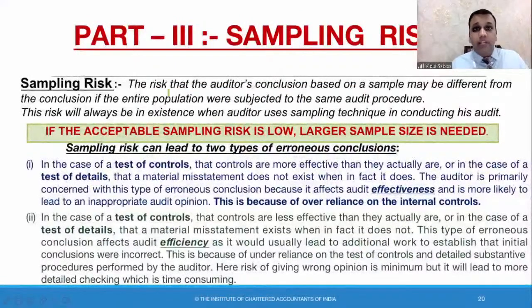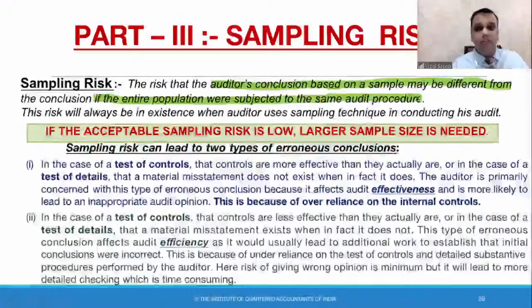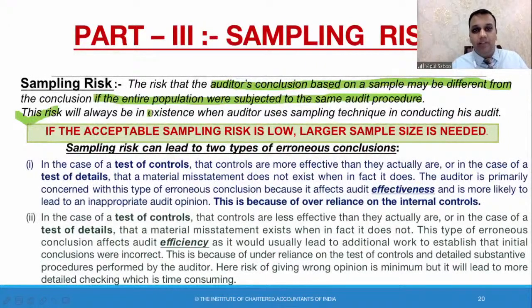The risk that the auditor's conclusion based on a sample may be different from the conclusion if the entire population was subjected to the same audit procedure. The sampling risk would always be there if we are using sampling in audit. This risk will always be in existence when the auditor uses sampling technique in conducting his audit.